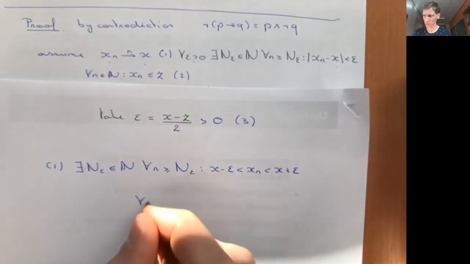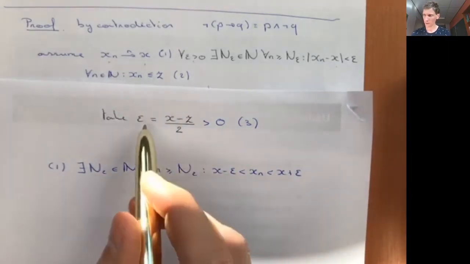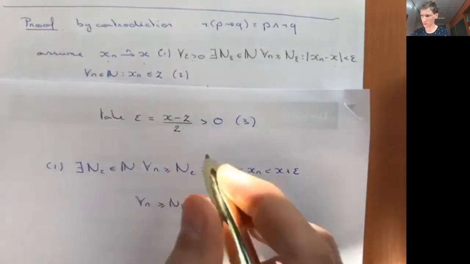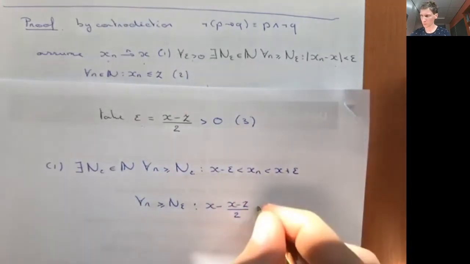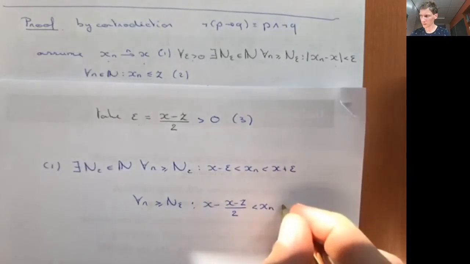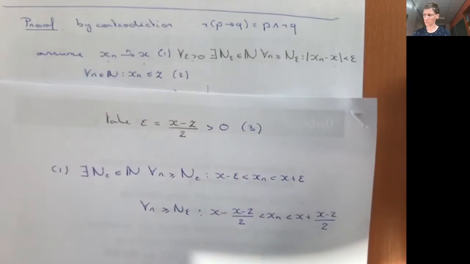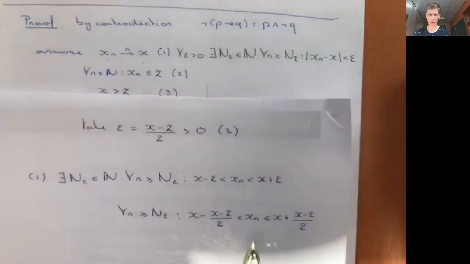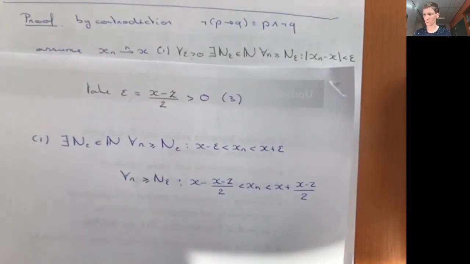So for all n greater or equal to this N_epsilon, let's use this value of epsilon and plug it in here. Okay. x minus (x minus z) over 2 is smaller than x_n is smaller than x plus (x minus z) over 2. So we see that the violation will occur here, right? Not here. So basically we can drop the second one, but let's see what happens when you continue with this general inequality.